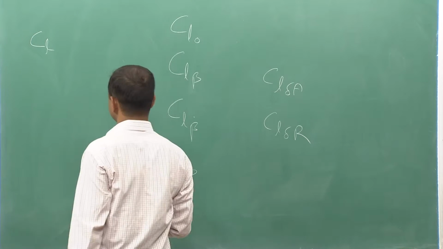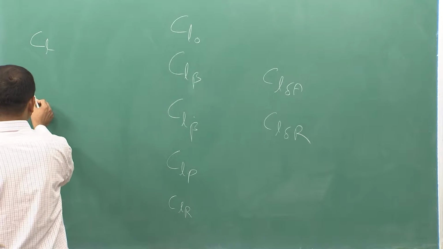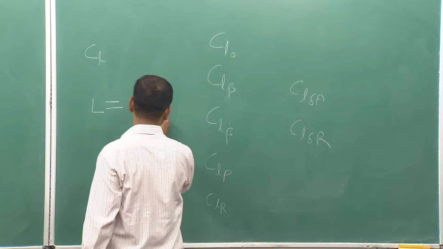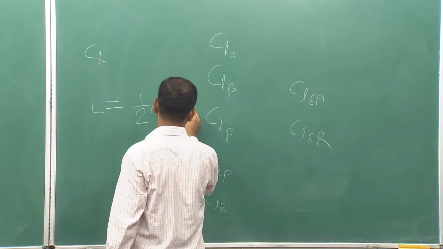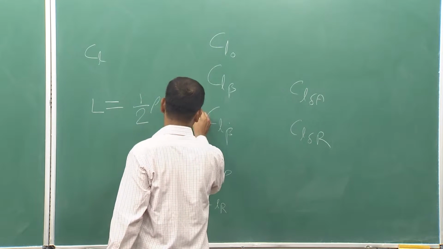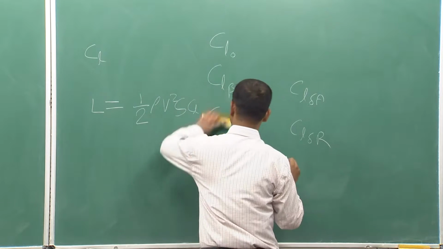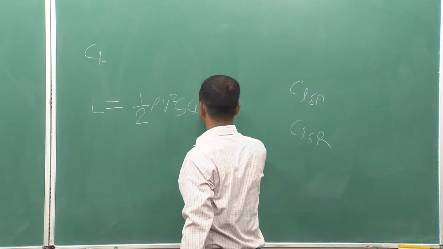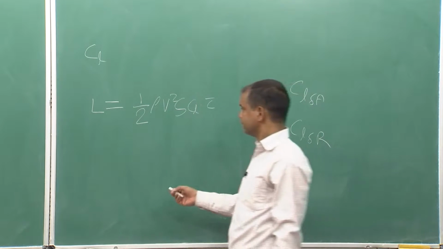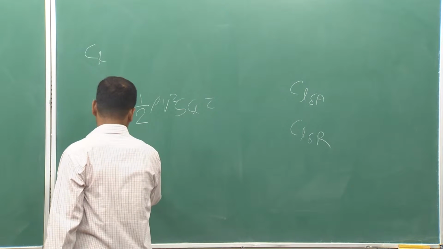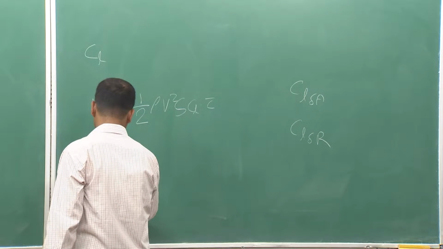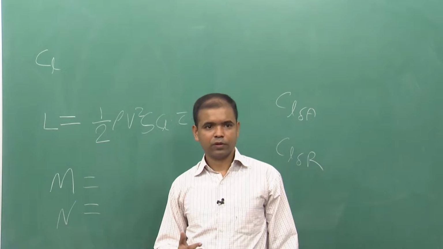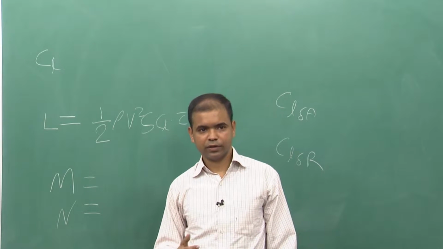And once you have the CL, you can find the rolling moment L, given by half rho v square s CL into C bar. Similarly, you can find the pitching moment and yawing moment also. Now, you have all the aerodynamic forces and moments acting on the aircraft.